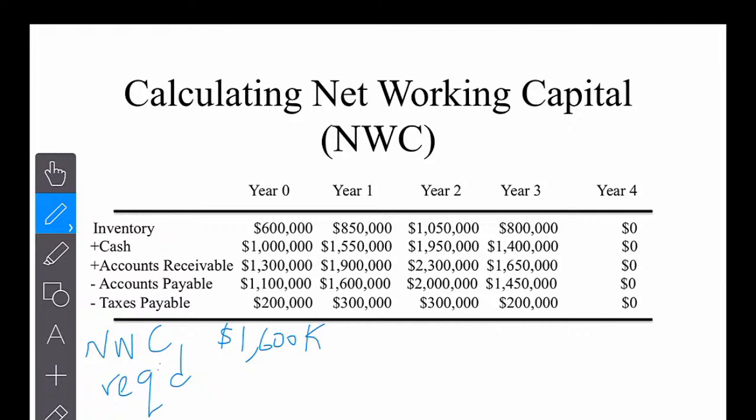And by the end of the first year, I need $2,400,000. By the end of the second year, so all I'm doing is adding and subtracting to get these amounts.